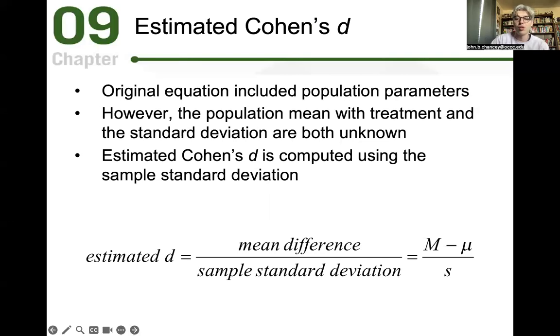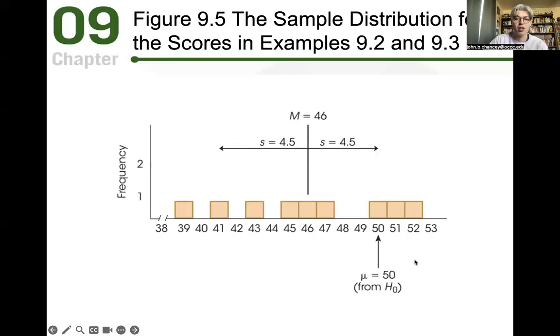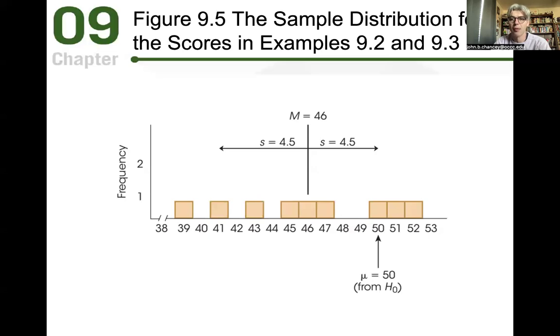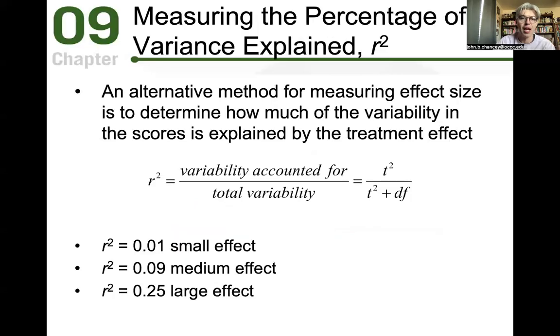You're going to use your mean minus your population mean, divided by the sample standard deviation. And so we can see what's going on with our sample distribution. What is the spread of the scores? Not only is the effect significant, but we can also see the magnitude of that spread.